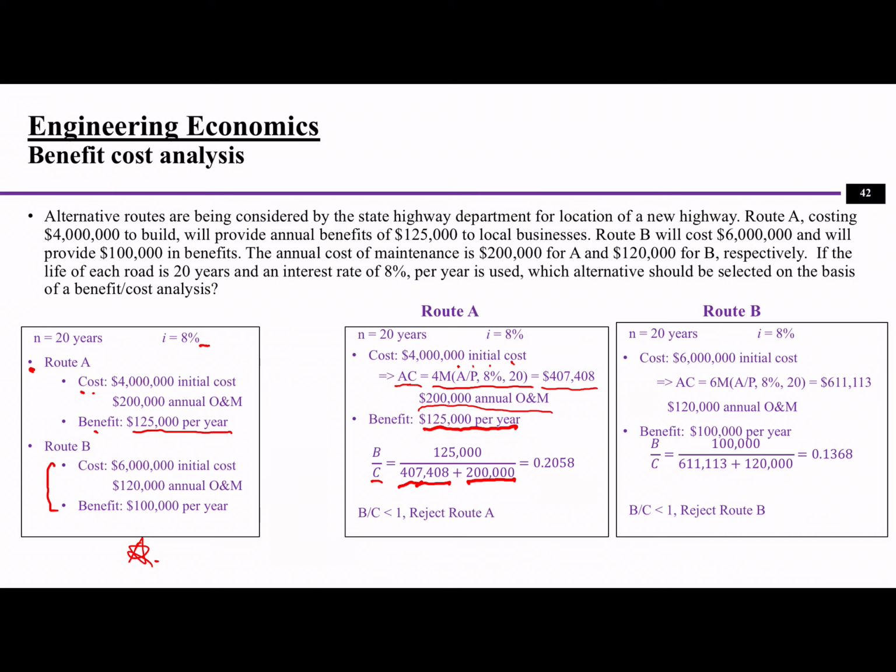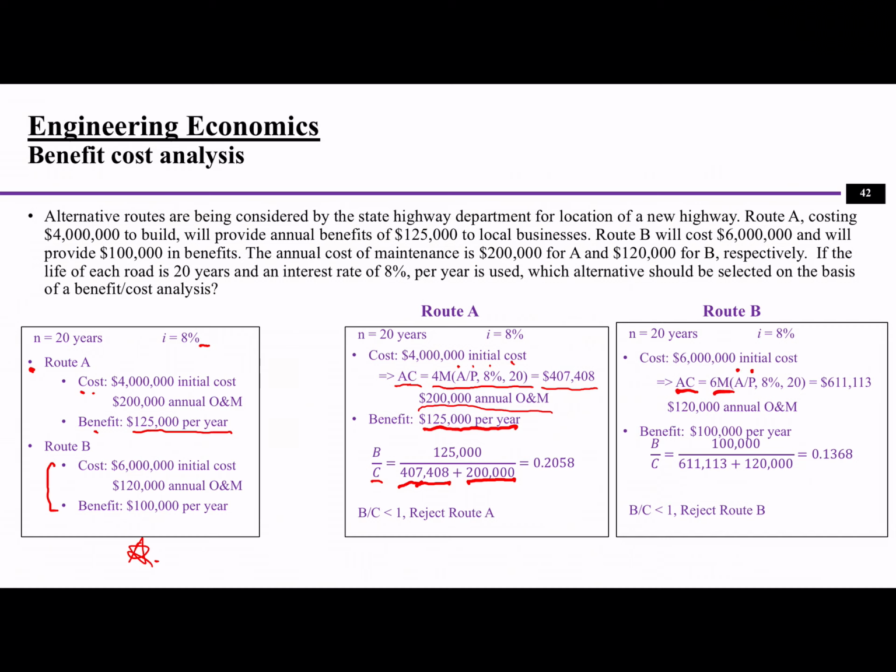Then we use B divided by C, which equals 0.2058. Remember, if it is bigger than 1, it means the benefit is bigger than the cost, right? But in this case, because it is less than 1, the benefit is less than the cost. So we reject Route A.